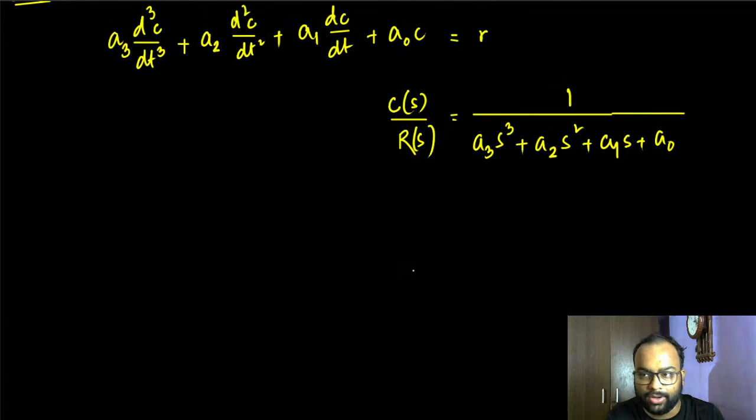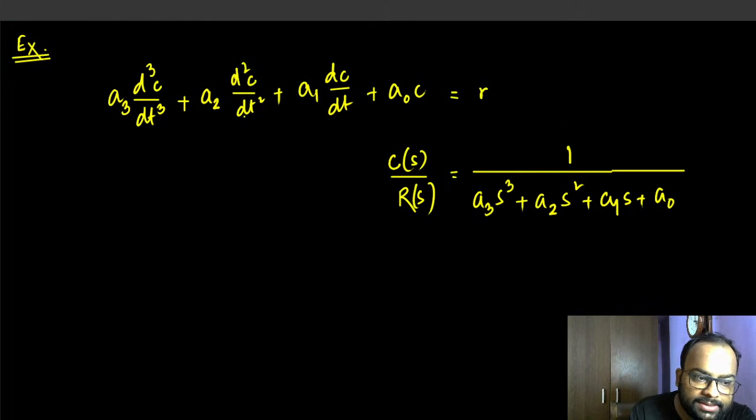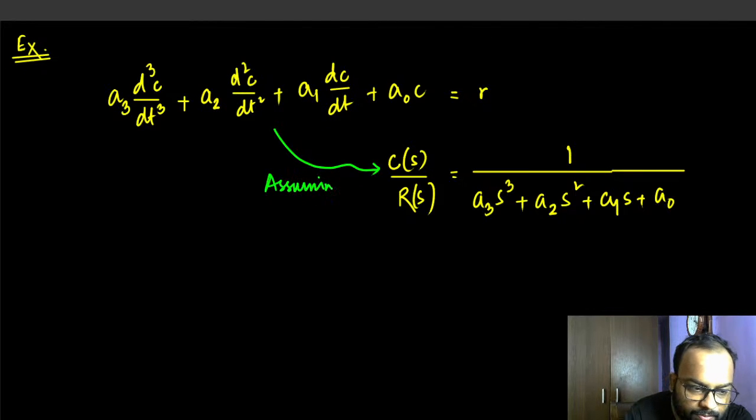That is something we already know, because we are assuming a single input, single output, linear time invariant system. This is a very simple example, and again assuming zero initial conditions here.